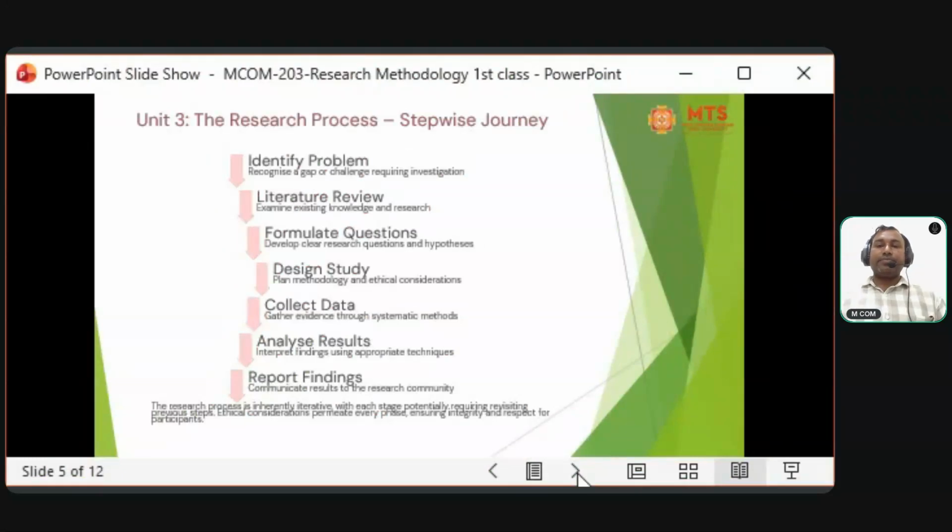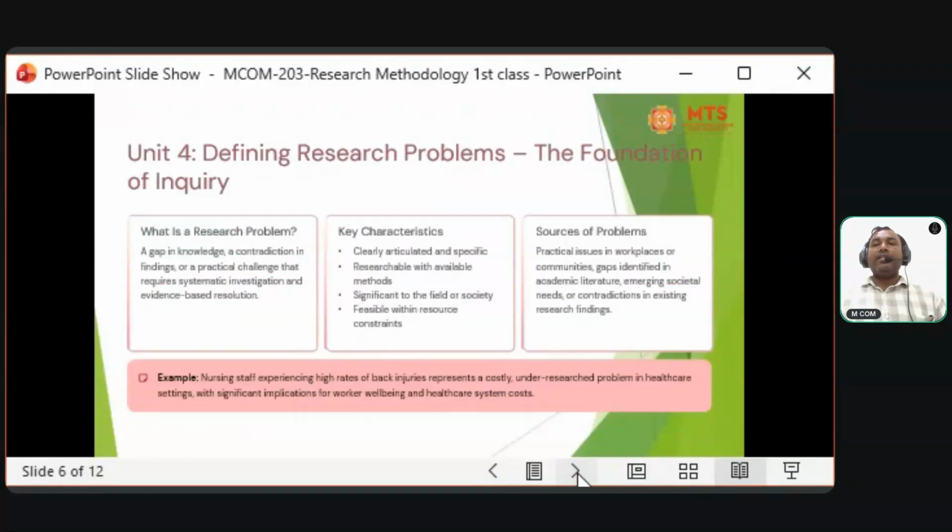Next is defining the research problem. This is under unit 4: defining research problems, the foundation of inquiry.